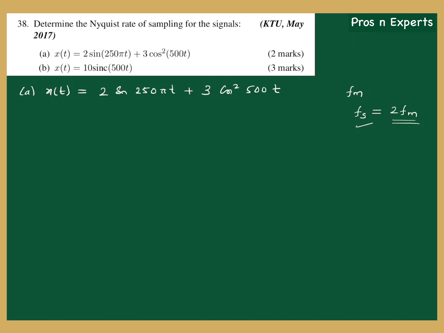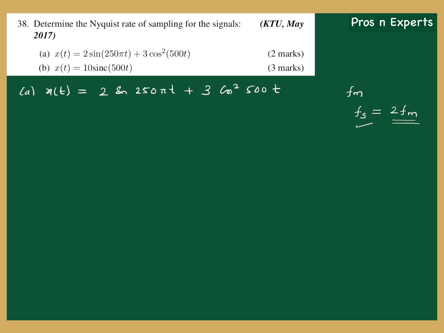So there are 2 frequencies. But in this term, it is very simple to identify the frequency component, which is 250 pi. Omega will be 250 pi, and the frequency will be that divided by 2 pi. But from this term, it is not that direct to find out the frequency.